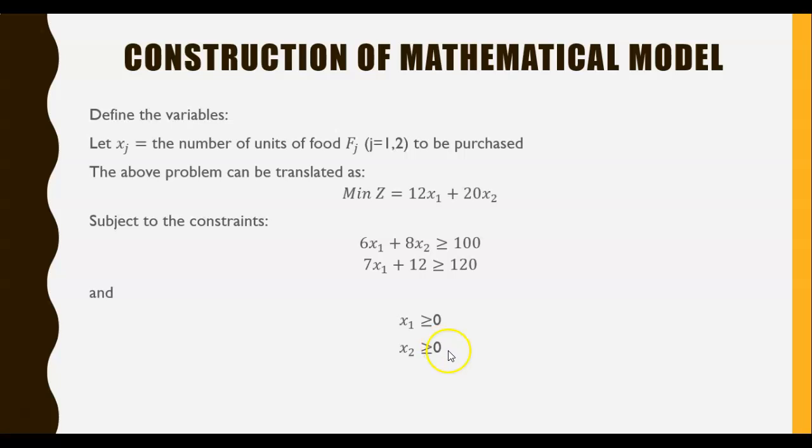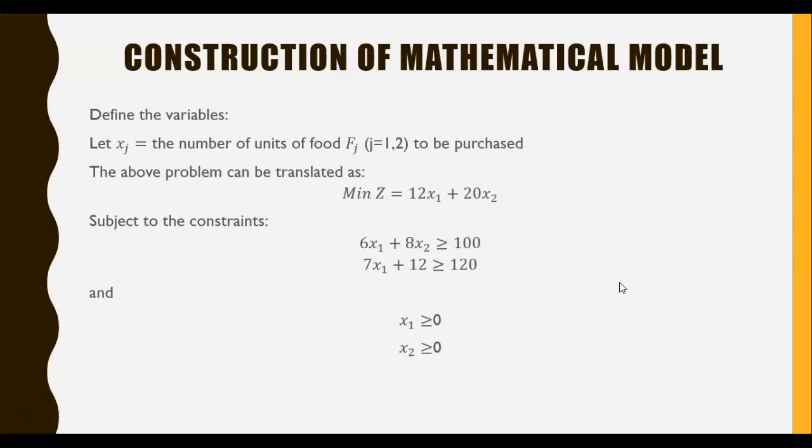Why x1 greater than or equal to 0? Why x2 greater than or equal to 0? Because these are quantities and these cannot be negative. Either we will not take any unit of vitamin B1, or we take a positive number of units of vitamin B1. Similarly for vitamin B2. So that's why x1 greater than or equal to 0 and x2 greater than or equal to 0. These are known as non-negativity restrictions.